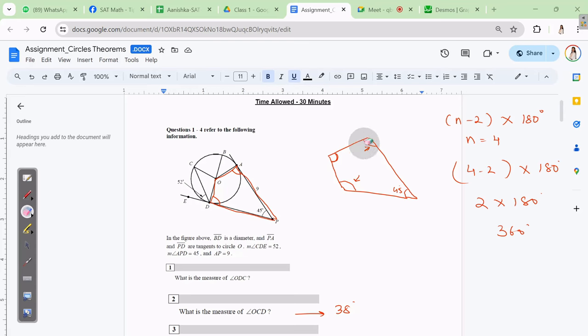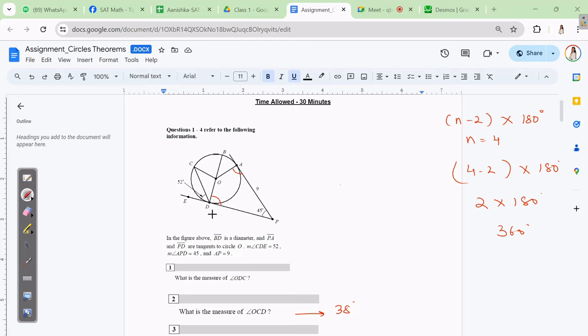So don't look at this one now. Now look at this figure. You have to determine this angle and this one. And remember that this assignment is based on circle theorems. Is it 90? Yes, 90. Why 90?